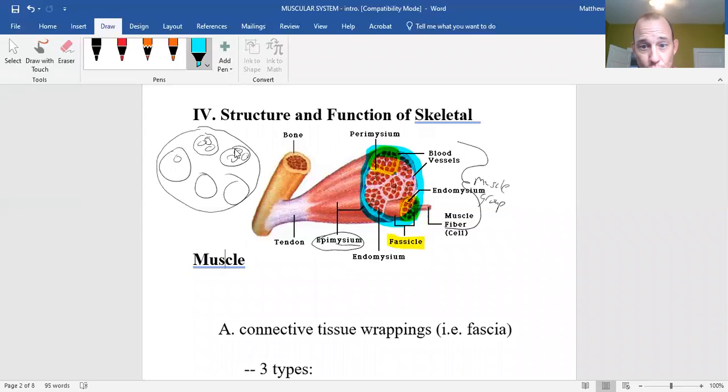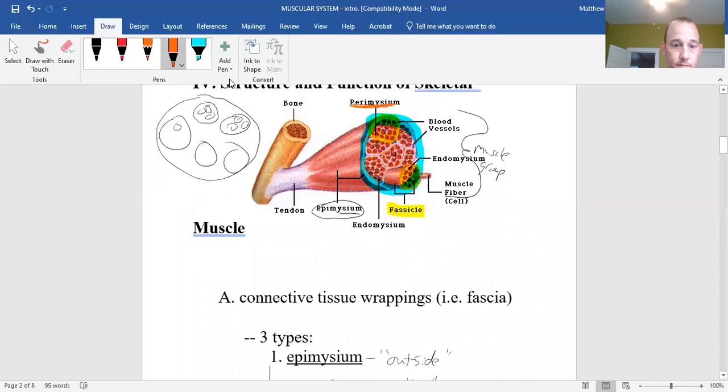Okay, so now each muscle fascicle, each crayon or fascicle within that big giant bundle of stuff, has a wrapping around it. That wrapping that surrounds each fascicle, like the crayon wrapper. So surrounding this fascicle, the white pinkish line you see right here, surrounding that fascicle, surrounding this fascicle, each one is the perimysium.